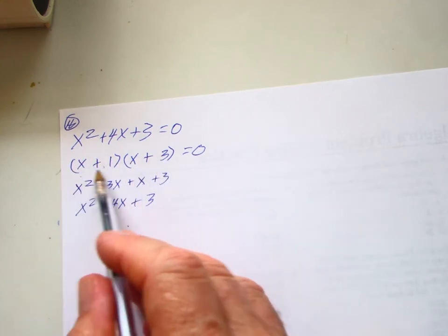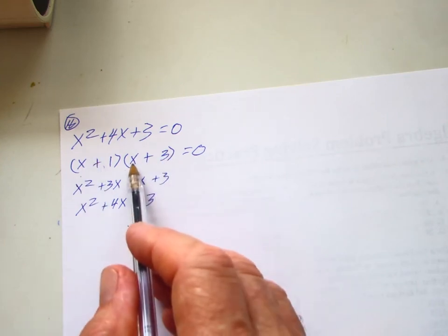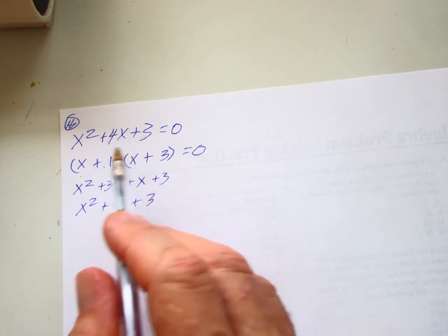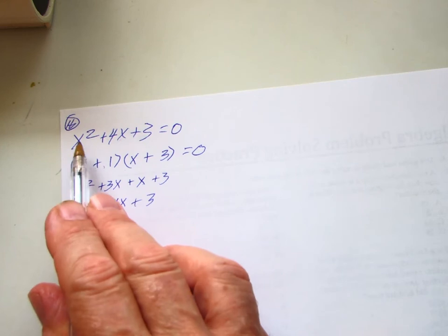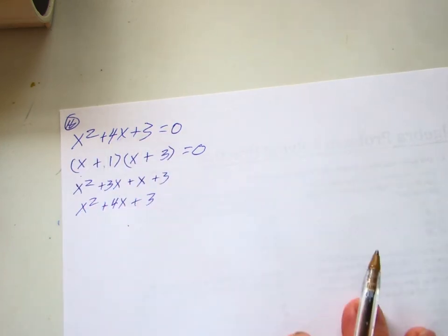For this to be 0, x is negative 1. For this to be 0, x would be negative 3, because negative 3 and 3 is 0. That means negative 1 and negative 3 would work in this equation. If you put them in, this part equals 0. So we're learning how to do this because later we will be solving equations that have that equal to 0.